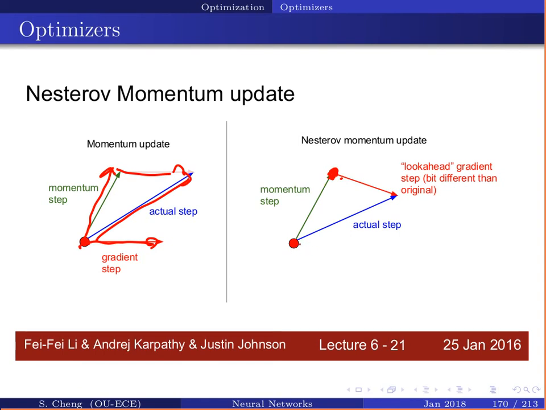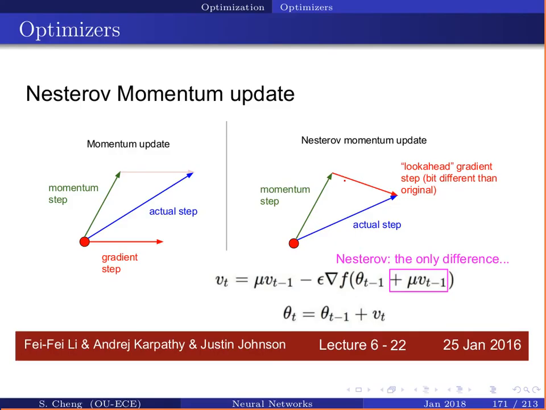Then your actual update will be this term added with this term. Hopefully the equation makes it clearer: I'm computing the gradient not here, but after I have added the previous momentum step. The new velocity will be the old velocity added with the gradient computed at this point here.